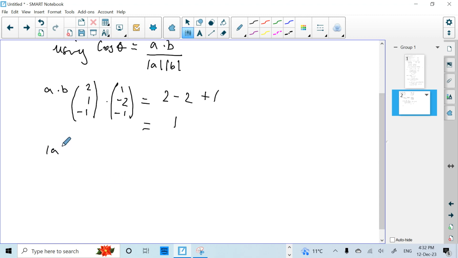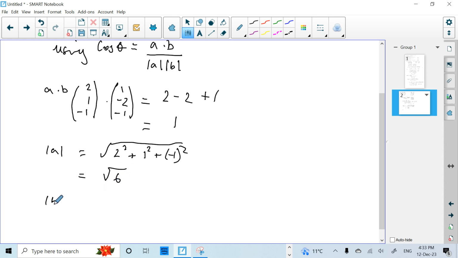And let's do the modulus of A. The modulus of A is equal to the square root of 2 squared plus 1 squared plus -1 all squared, which is equal to the root of 6.